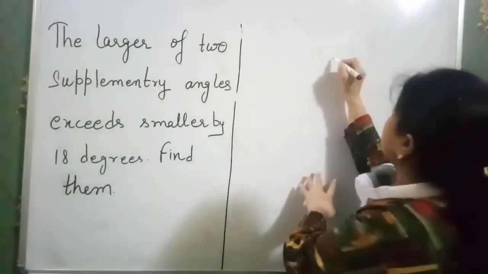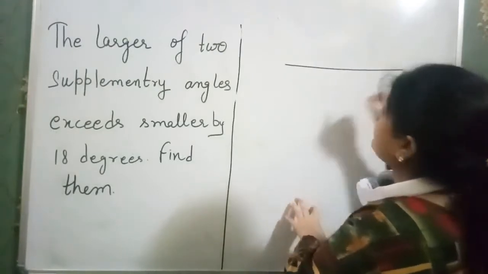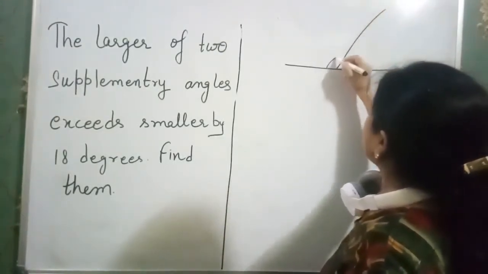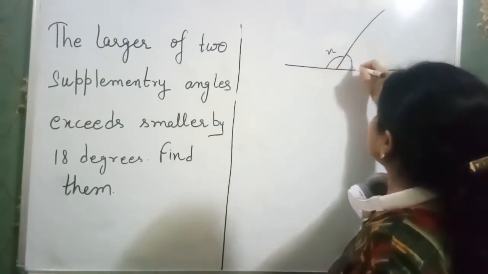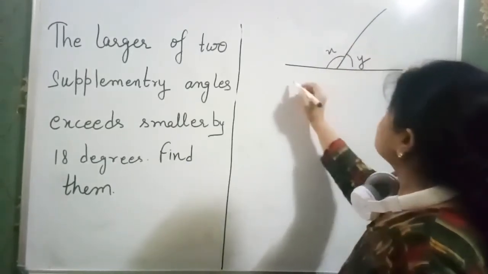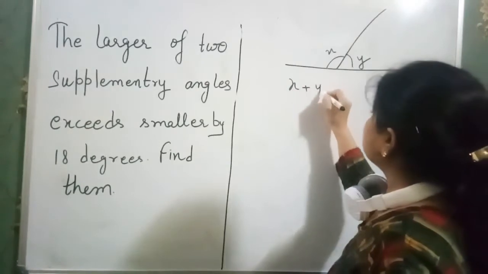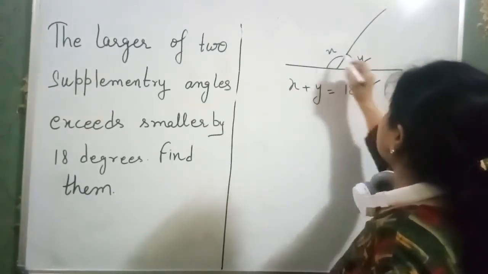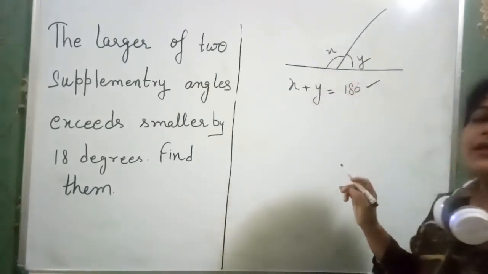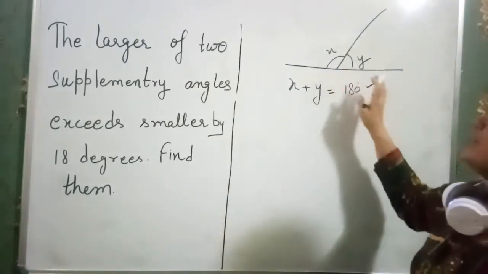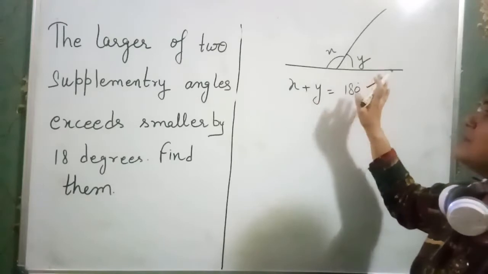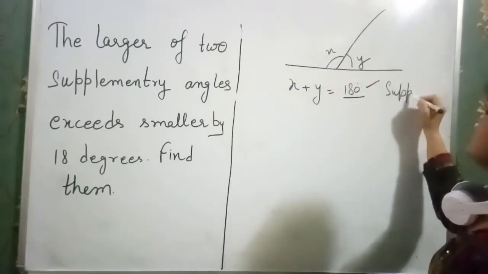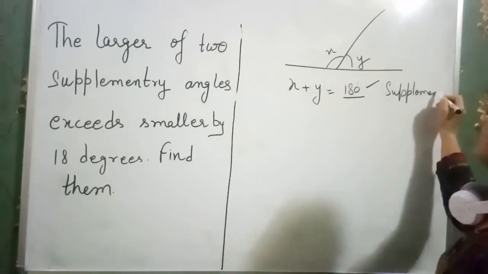If we have a diagram like this, and this angle is x and this angle is y, when we add these two, we get 180 degrees, then x and y are supplementary to each other. That means when the sum of the two angles is equal to 180 degrees, it is the supplementary angle. Clear?